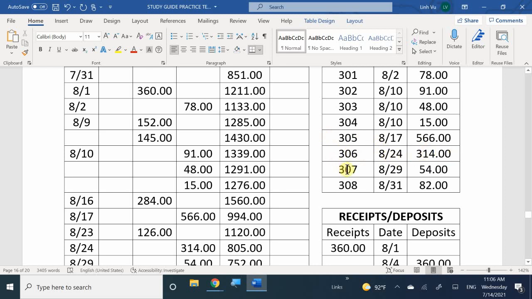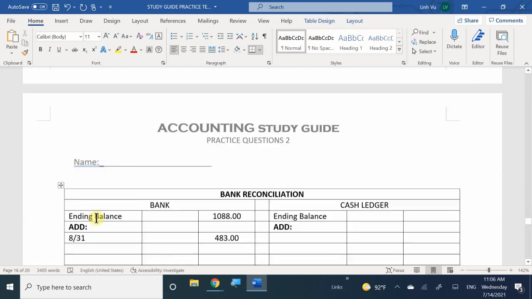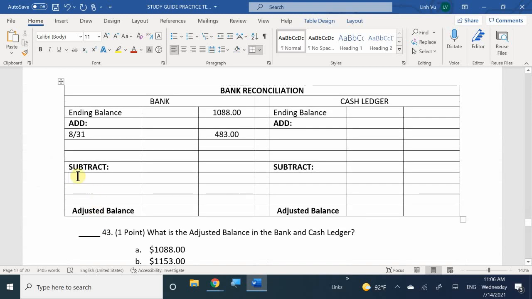My check for number 307 was for $54. So I'm going to go ahead and put in here that I had check number 306 and check number 307. In this case, this was 314 plus $54.